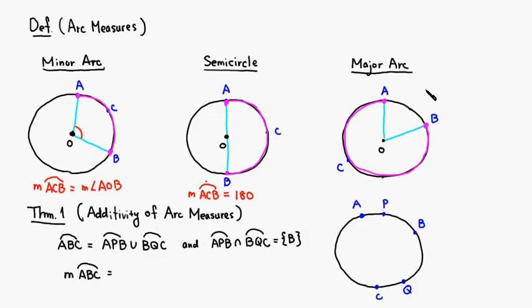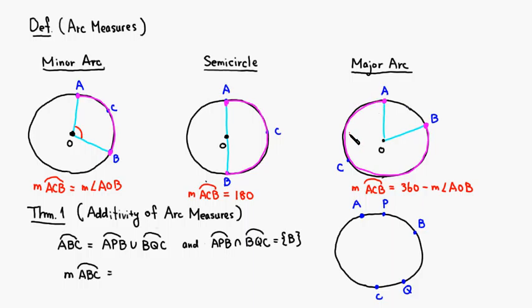If that's the case, we want to define the measure of the arc ACB to be 360 minus the measure of the angle AOB. We couldn't just use the measure of the central angle because it only goes up to 180, not including 180.